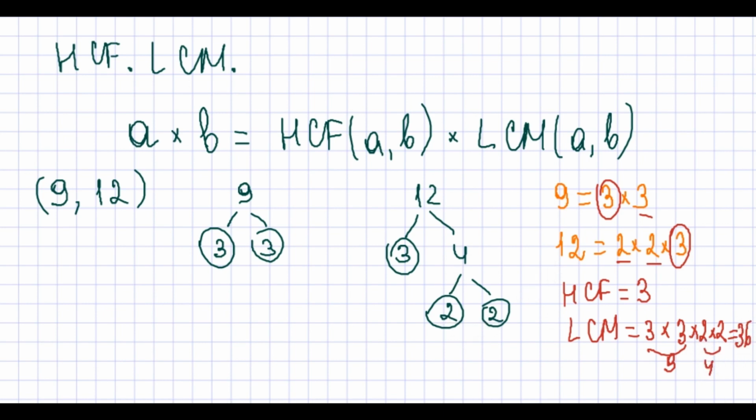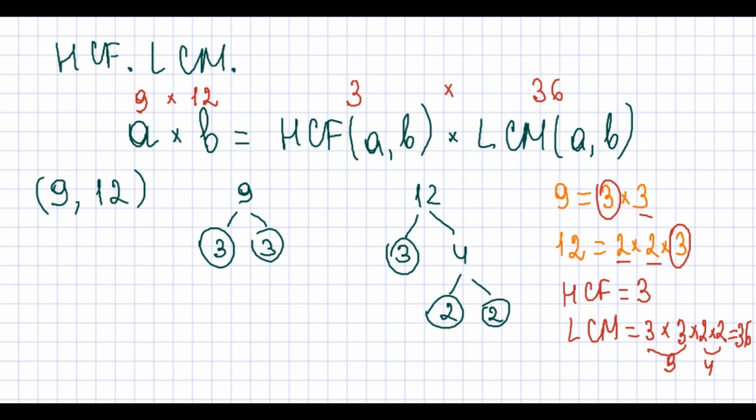So if we have A and B, if we have 9 and 12, their HCF is 3 and their LCM is 36. Let us see. 9 times 12 and 3 times 36.